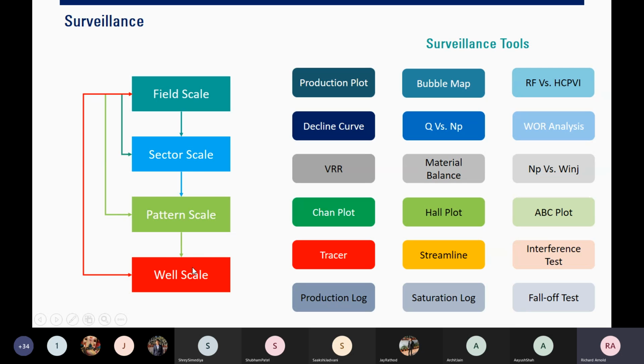There are a lot of surveillance tools: production plot, bubble map, decline curve analysis, Hall plot, Chan plot, voidage replacement ratio, tracer, streamline, ABC plot, interference test, saturation log, production log, and so on and so forth. And we will discuss only a few tools in this presentation.